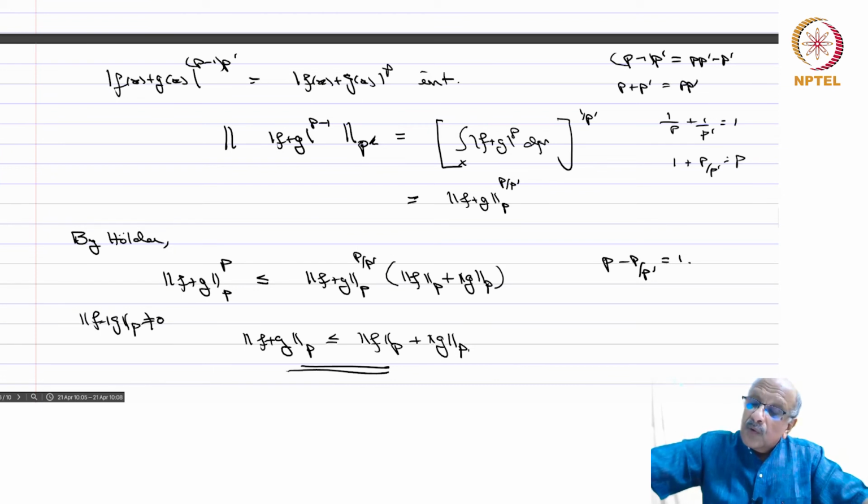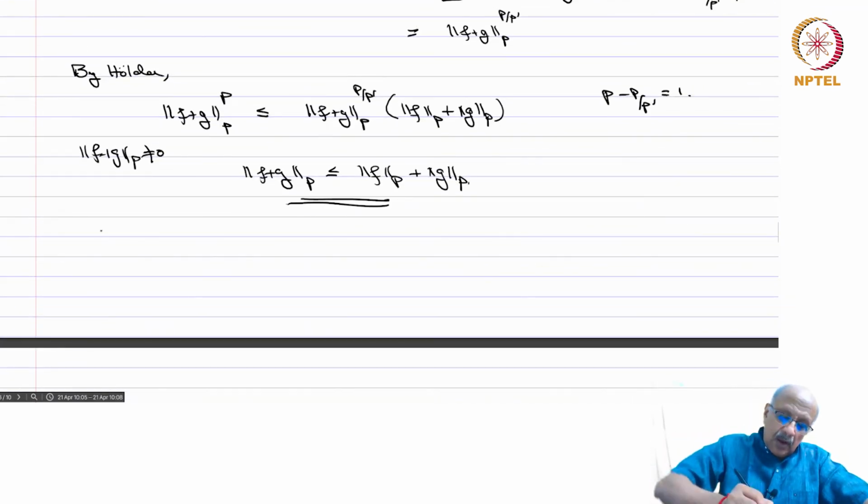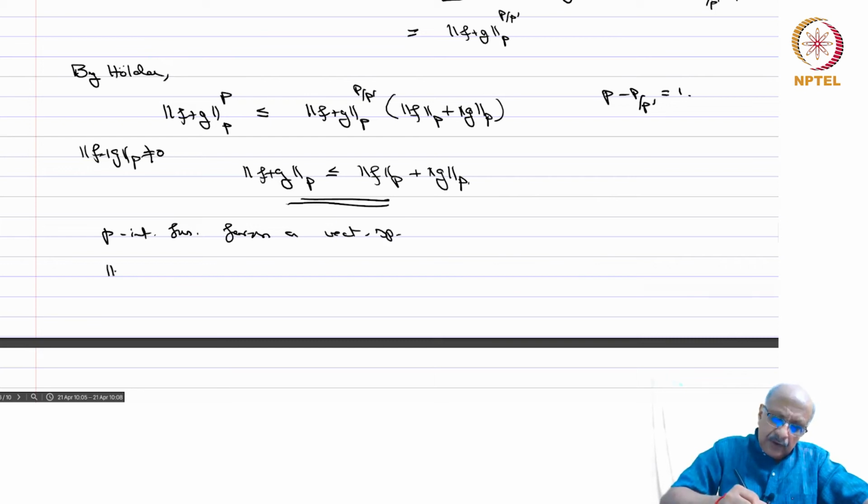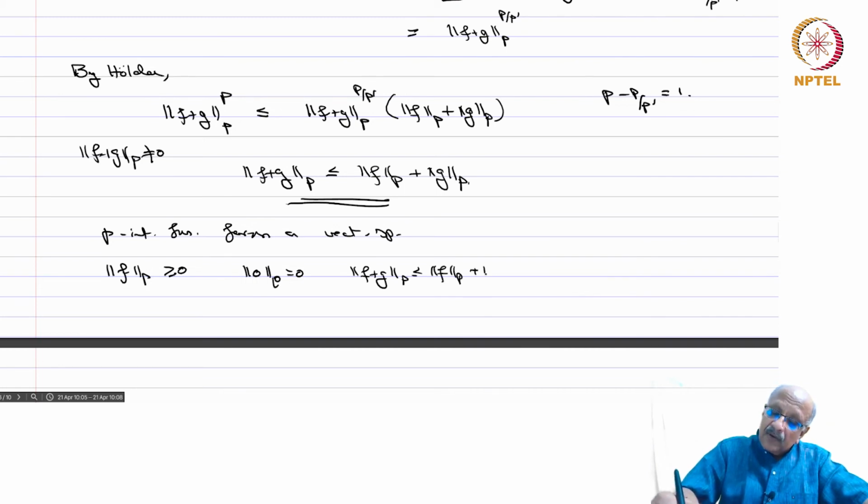So now if you look at p integrable functions, they form a vector space. If you take ||f||_p, this is of course greater or equal to 0, the norm of 0 is 0, ||f+g||_p is less than or equal to ||f||_p plus ||g||_p, and of course ||αf||_p, this is trivial to check, is |α| times ||f||_p.